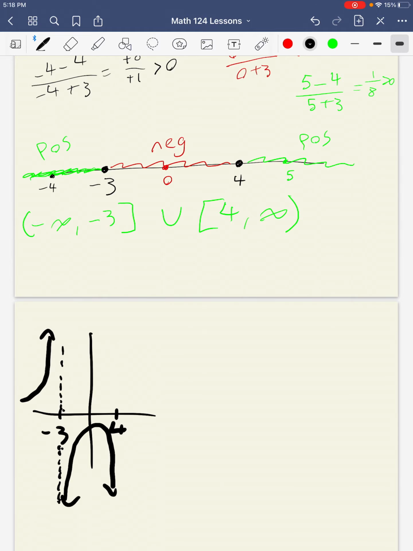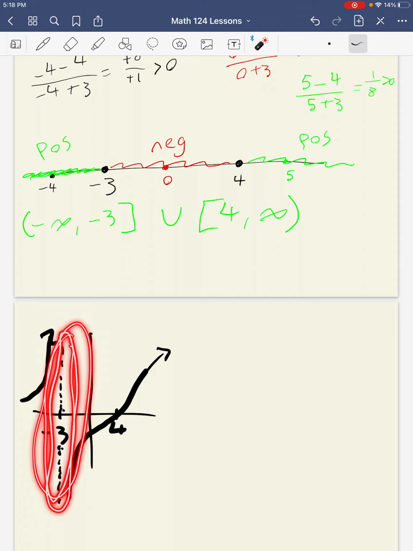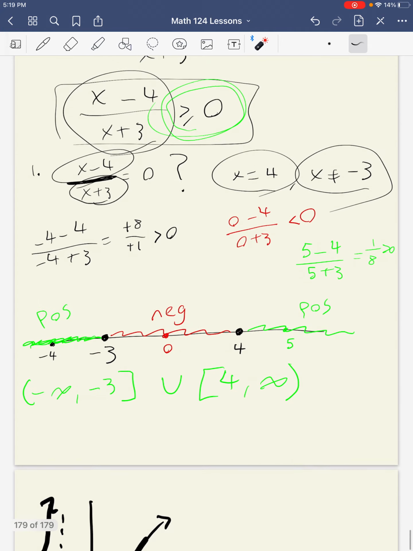In this case, the graph probably looks like this. Is it equal to 0? I don't know, maybe that's just a really rough sketch of this graph. But the point is, if you're not allowed to plug in a -3, what it does to the graph is something like this. It either shoots up or it shoots down. So even though it doesn't cross the x-axis, it could still change from positive outputs to negative outputs on the value where the bottom would be 0.